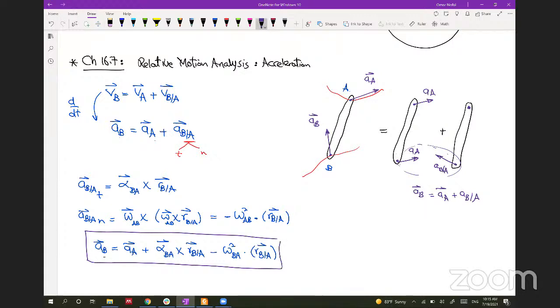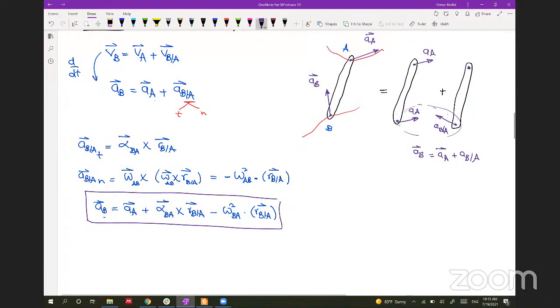And let's just see how this will look in terms of problems. For example, if we have this two-bar linkage, and this bar is here, you have another bar attached here, and this bar has a box here that is attached to the cylinder that only allows this body to move in the X direction.